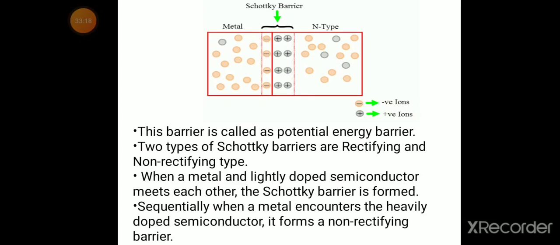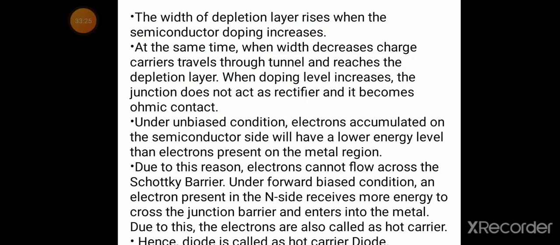Conversely, when a metal encounters a heavily doped semiconductor, it forms a non-rectifying barrier. The width of the depletion layer decreases when the semiconductor doping increases. When the doping level increases, the junction does not act as a rectifier and it becomes an ohmic contact.